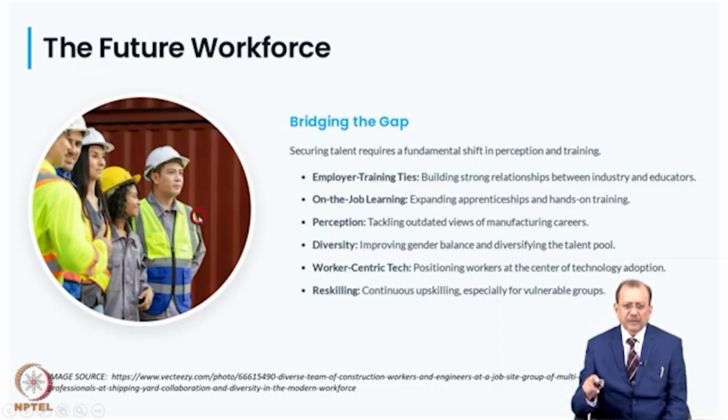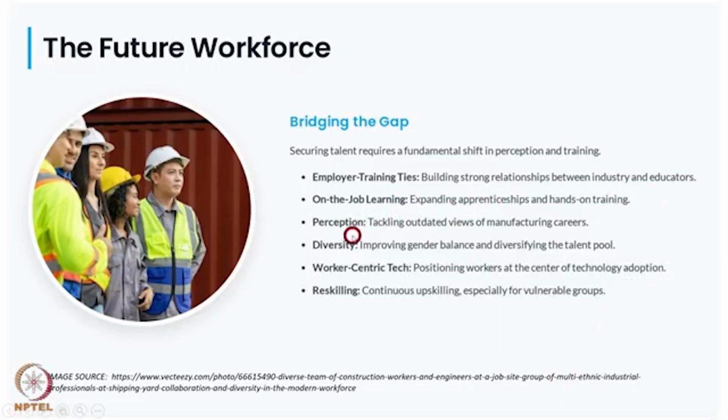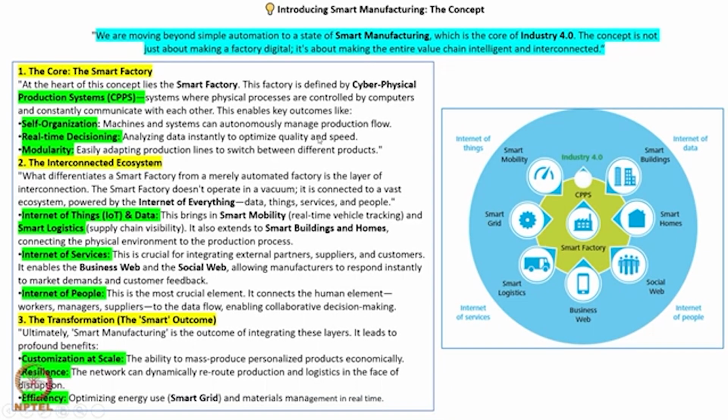Today's workers require a different attitude, a mindset geared to continuous learning. So employer training, building strong relationships between industry and educators or academia, on-the-job learning, perception and diversity are required. In fact, I will try to run a brief session about the future workforce in the coming week.